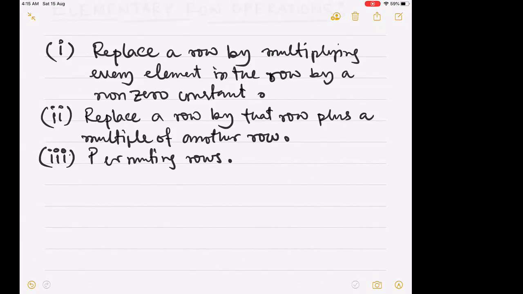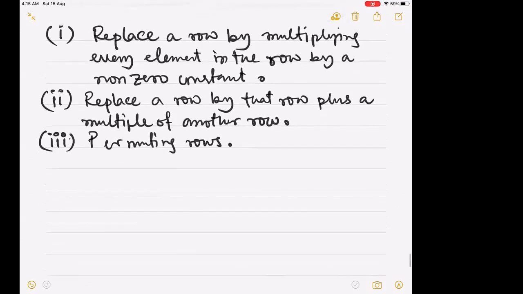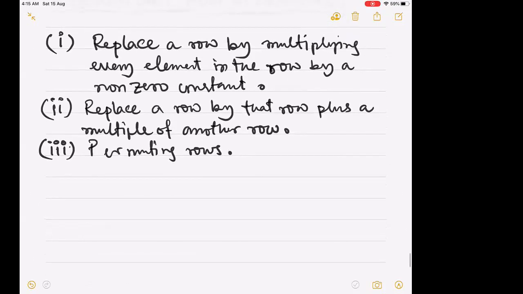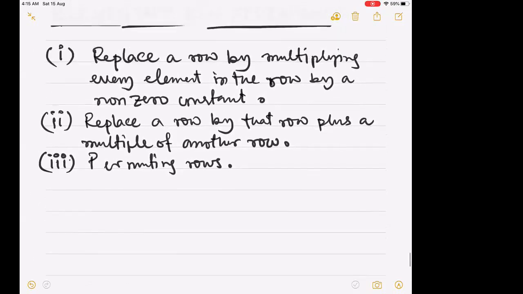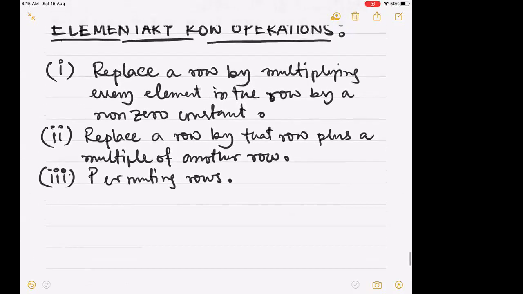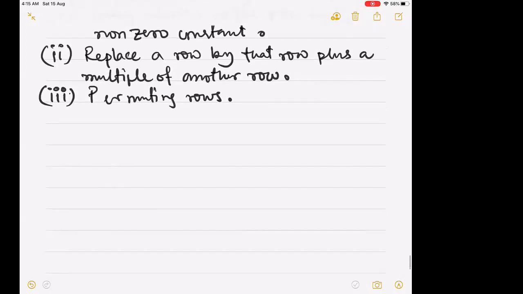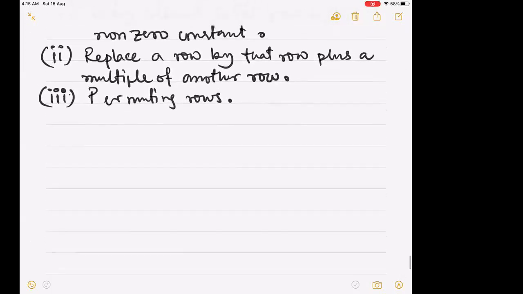Now, how do we know that these are indeed going to give us equivalent systems? Let us try and work on each of these three row operations, one after the other. Let us first look at row operation number one.